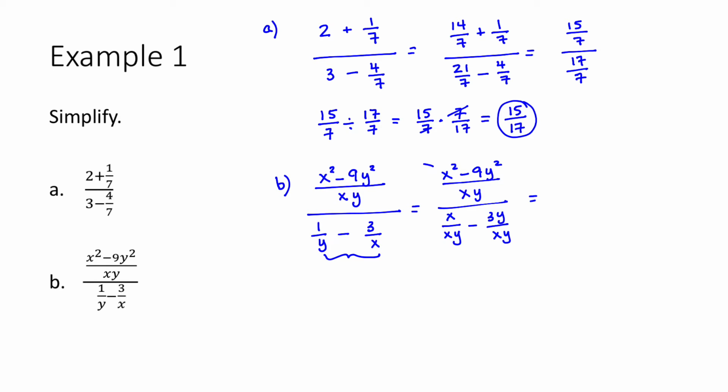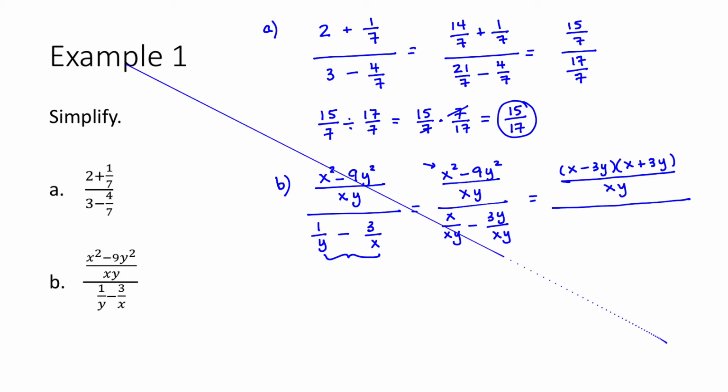Now notice that I can factor the numerator here. I'm going to go ahead and do that now. x minus 3y times x plus 3y over xy. And then we have x minus 3y over xy.